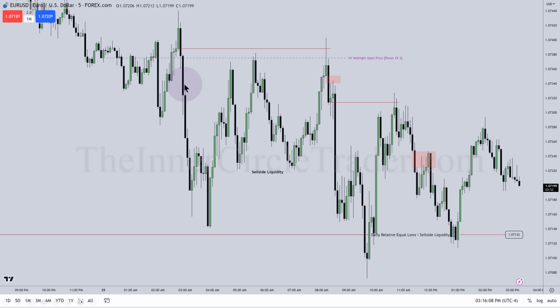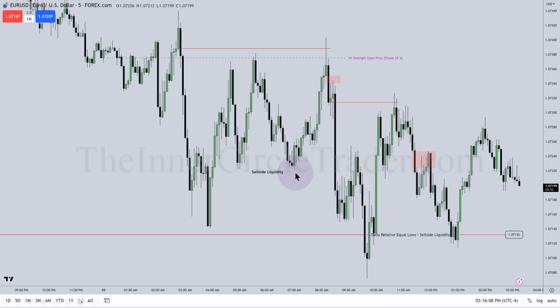Leaves a fair value gap here and a bearish order block. The market trades back up just before 5 a.m., drops back down, hits an order block, down close candle, rallies once more, takes out this short-term high here, falls just short of hitting that order block, but trades right into that gap right there between this candle's high and that candle's low. Trades right into it. Then drops one more time. Where's it dropping to? Just below the short-term relative equal lows here.